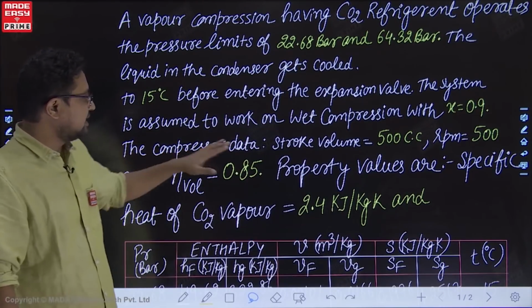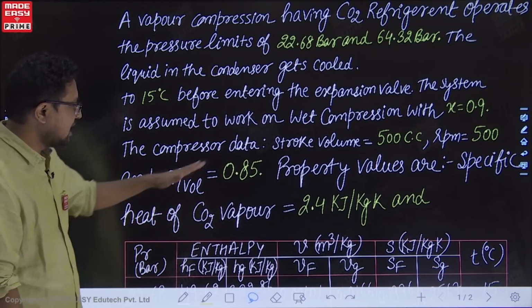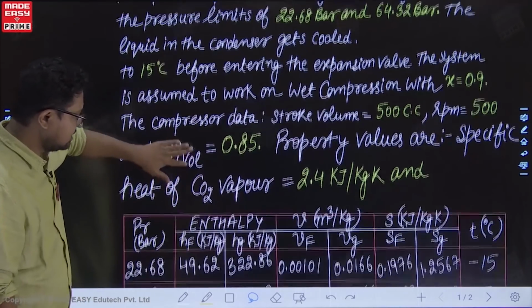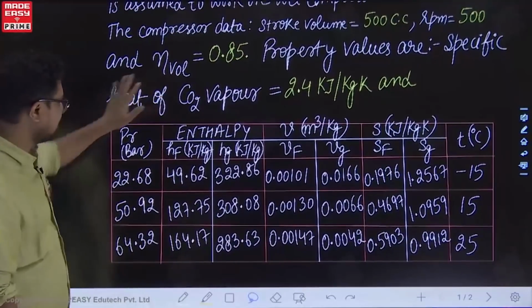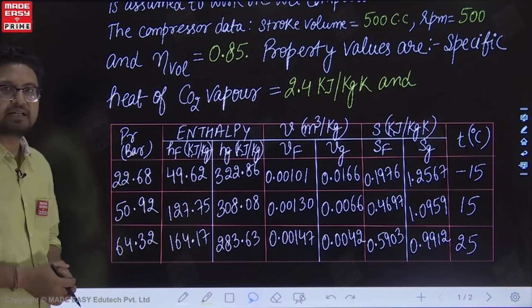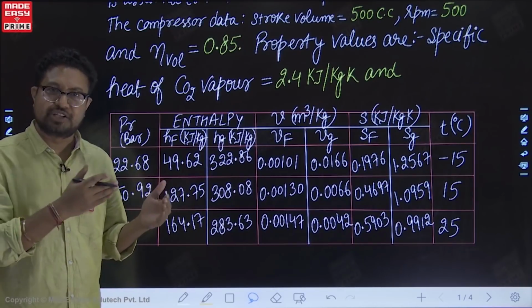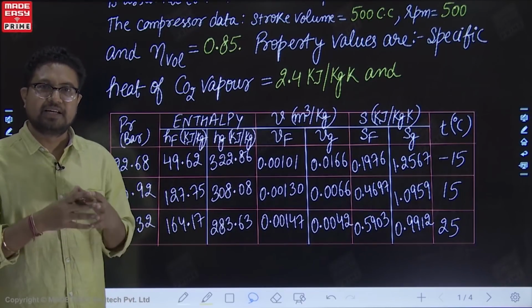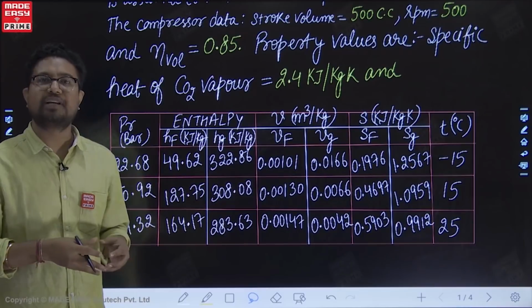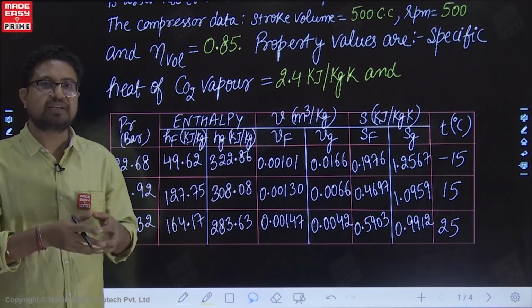The compressor data has been given to us, the volumetric efficiency is known, and the data required to be used in the problem has also been mentioned here in this table. We have to calculate the COP of the cycle, the power input, and we also need to calculate the refrigeration capacity for the cycle.